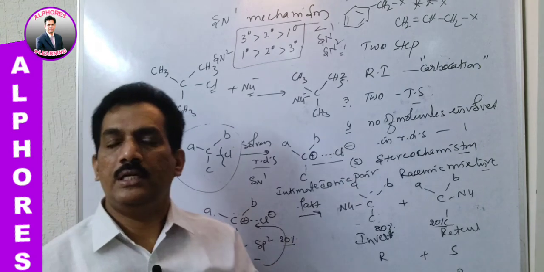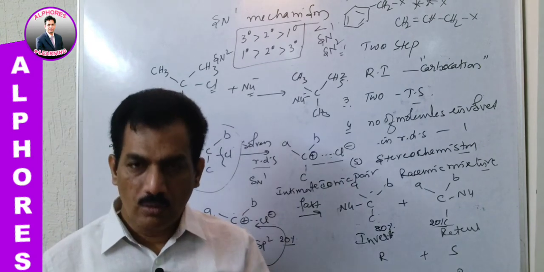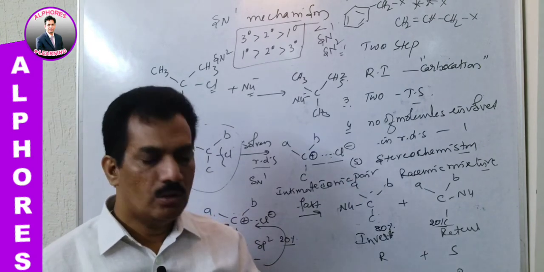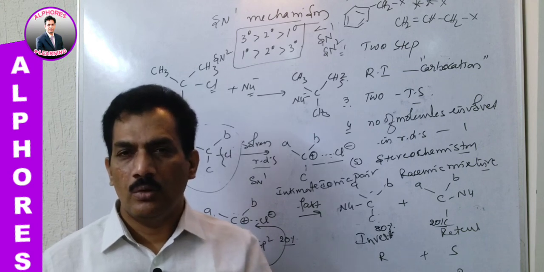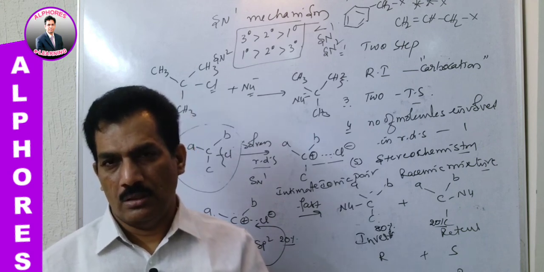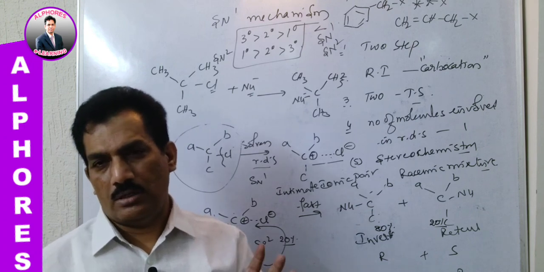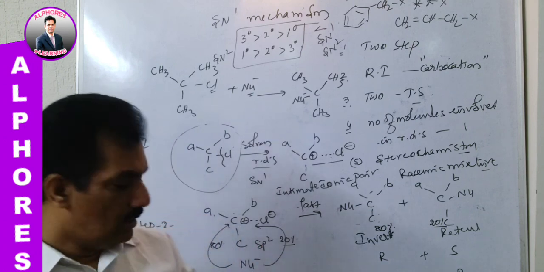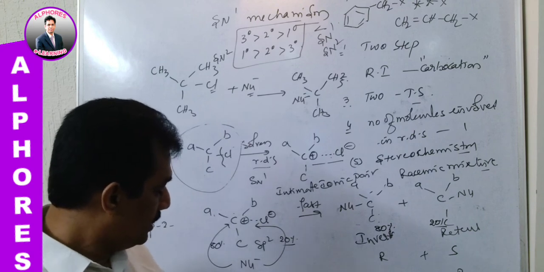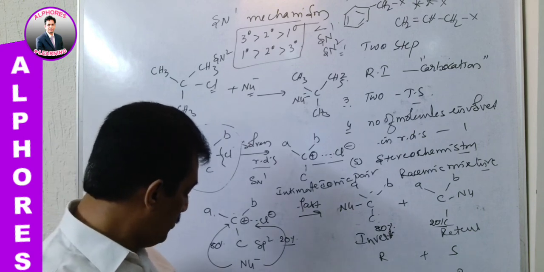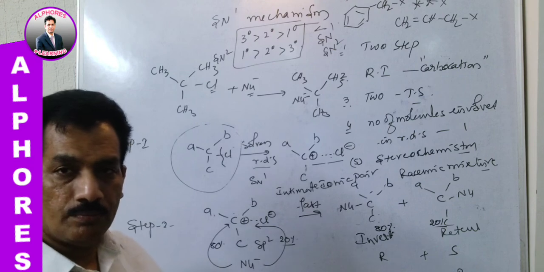These are the details of SN1 and SN2 mechanism. And thereafter, tomorrow we will enter into elimination reactions. In those elimination reactions, how the elimination will take place, what the parameters are, all these we will discuss. And just remember, dear students, this is only a briefing of first year GOC.